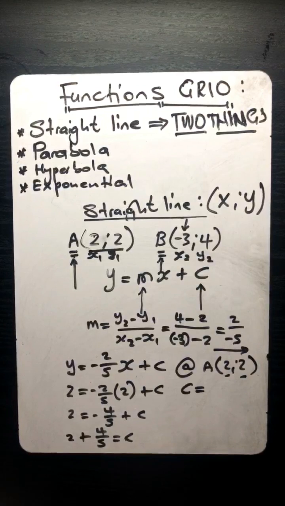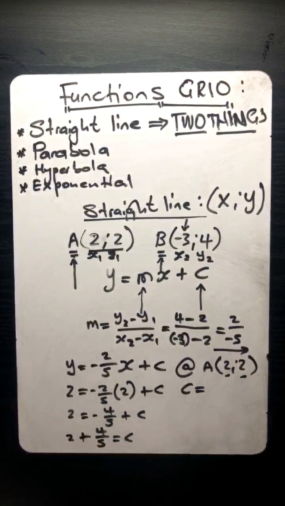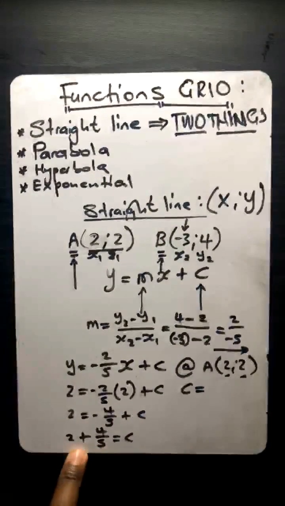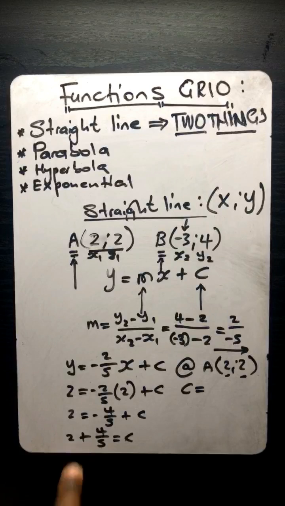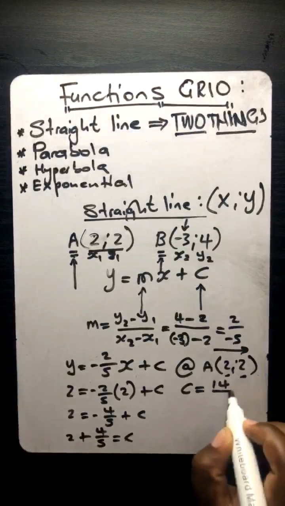Is it everyone who's getting 5 when you punch that? No response. Matapelo, are you sure it gives 5? Is it not 14 over 5? Is it everyone who's getting 14 over 5?